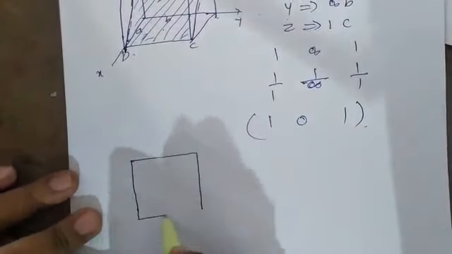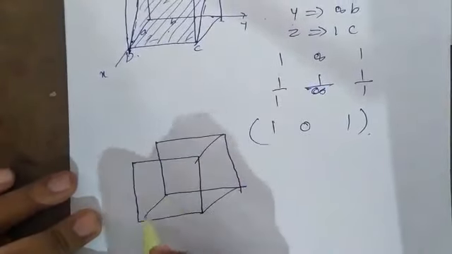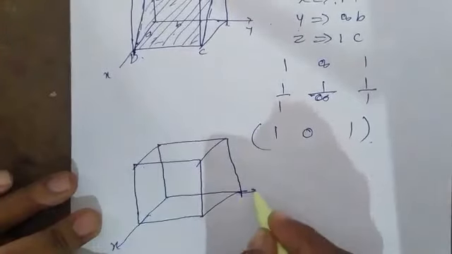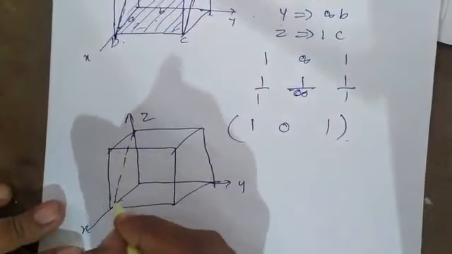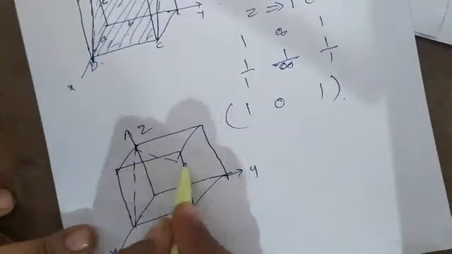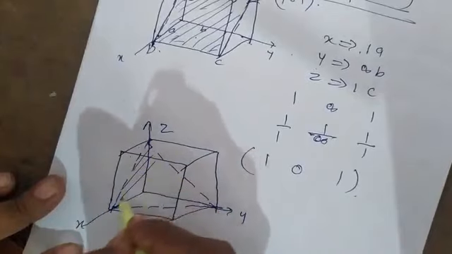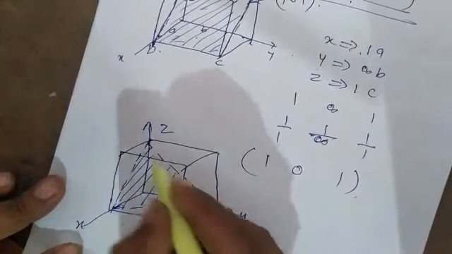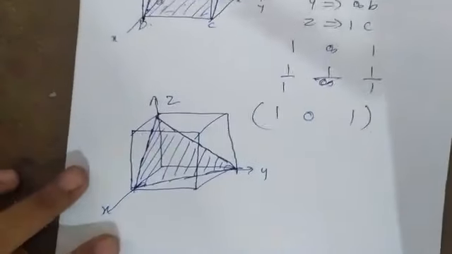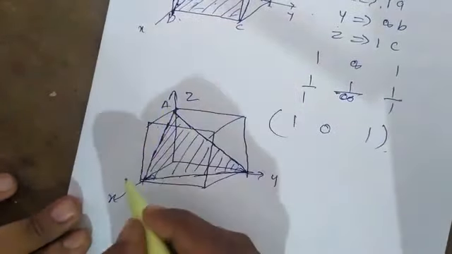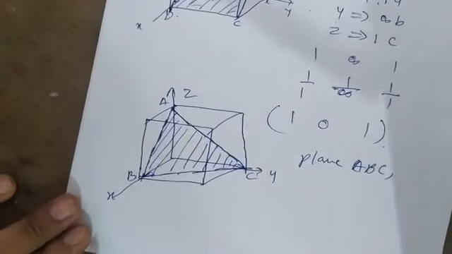This is the x-axis, the y-axis, and this is the z-axis. Now consider this plane ABC.